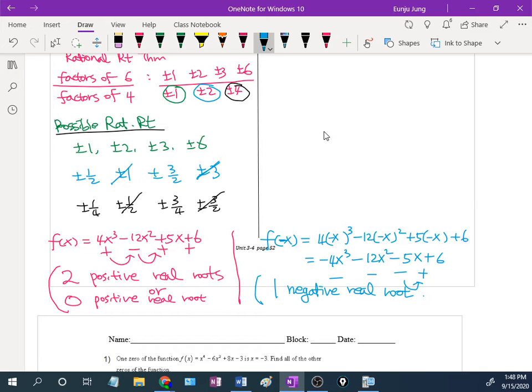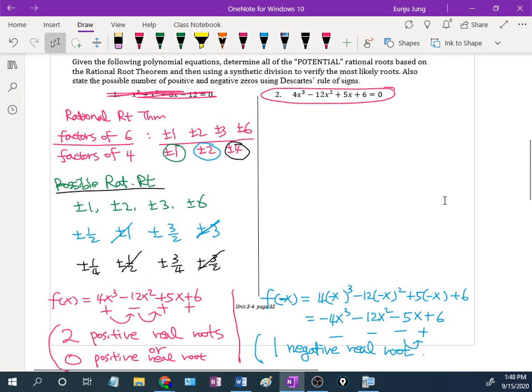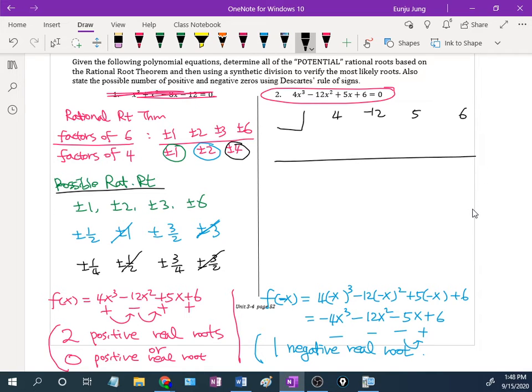And now I'm going to verify that. In this space, we will check. Let me work with the black color. 4 from degree 3, negative 12 from degree 2, 5 from degree 1, and 6 constant. Which number would you like to start with to find the 0? Let's use all of these numbers, okay?